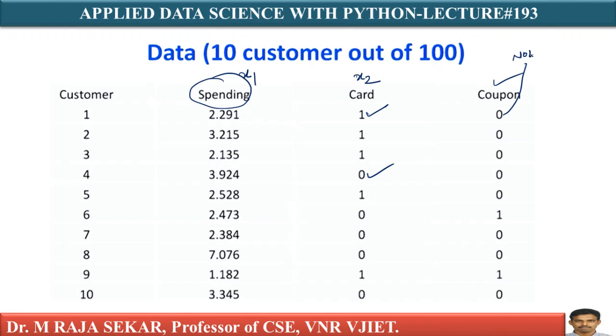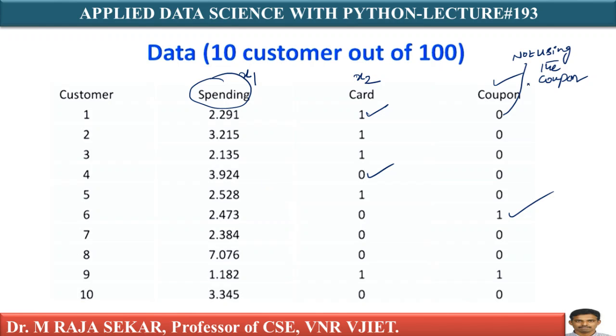Not using the coupon, isn't it? In a similar manner, what is 1? 1 means using the coupon. 1 means they have used the coupon. So the coupon is going to be the dependent variable.